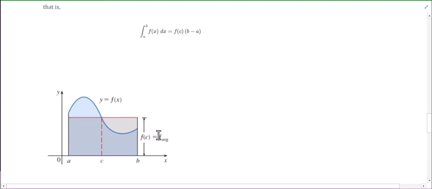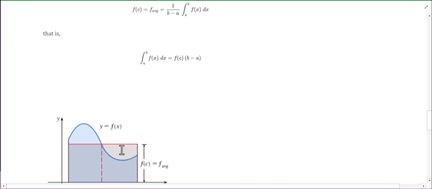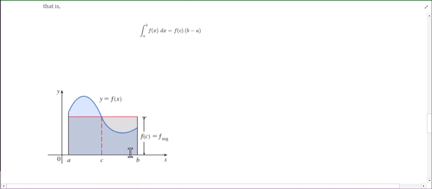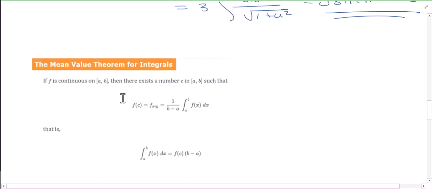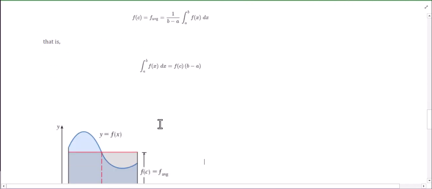And so that is a pretty interesting result. And so the f of c becomes the average value. The f of c is the average value of the function.